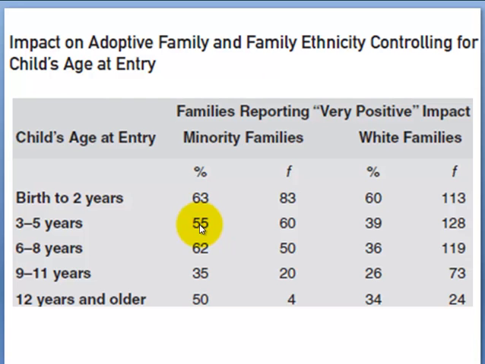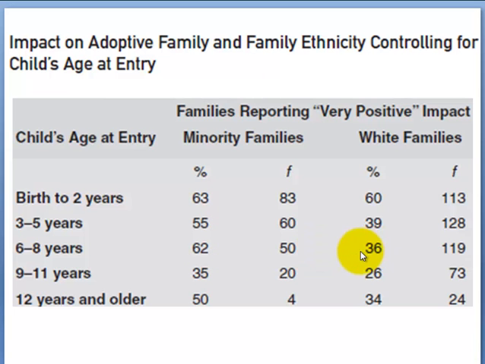We know age is not biasing the minority white comparison much here, because all kids are very nearly the same age. And we're seeing 55% of minority families, but only 39% of white families reporting very positive. So within this group, we've still got difference. We've still got relationship.